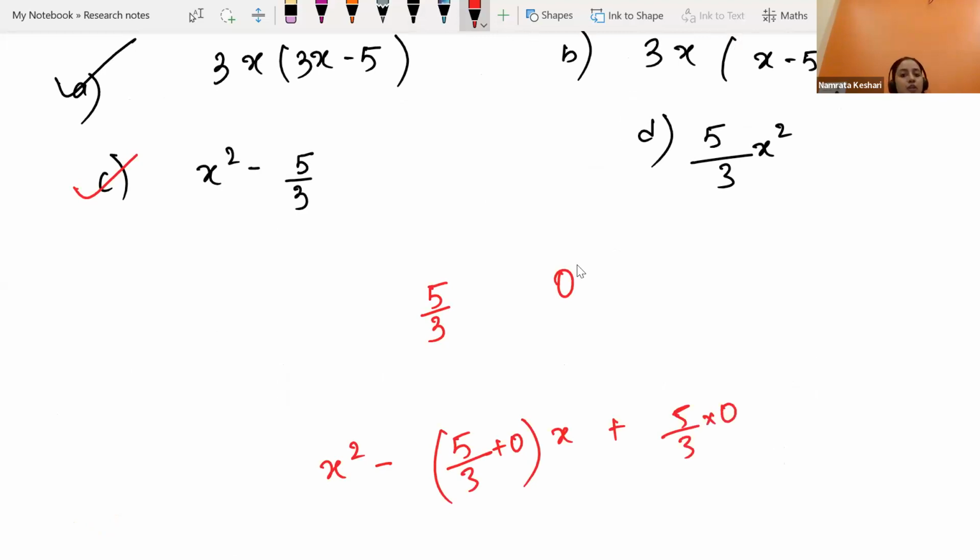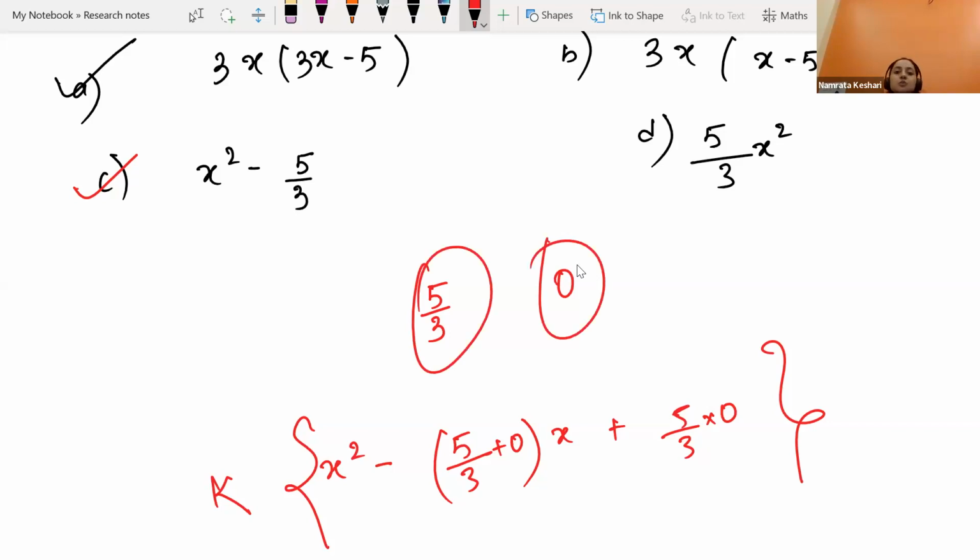This is a polynomial, but in front of that k is there. K can be 1, 2, 3, 4, any real number, and whatever k you take over here, every polynomial will satisfy this condition. Every polynomial will have 5 by 3 and 0 as two zeros.